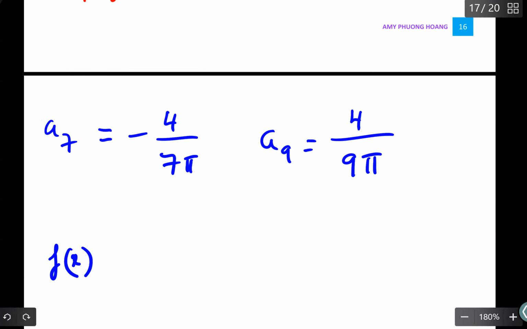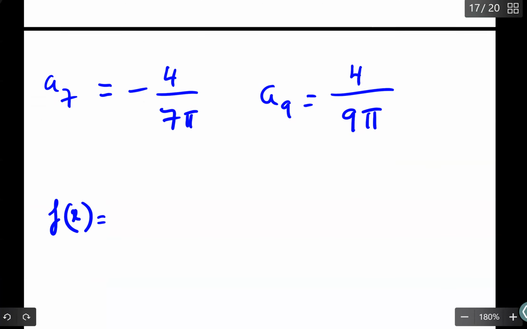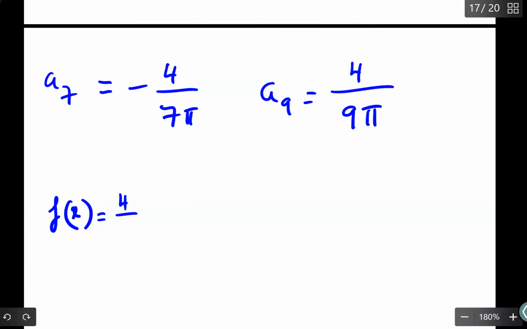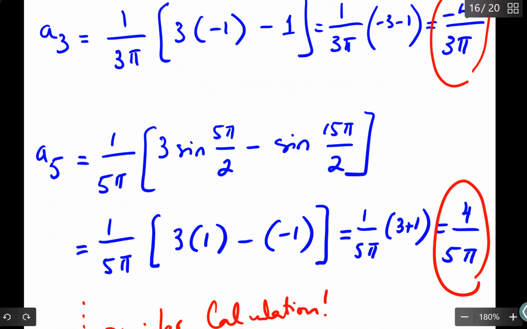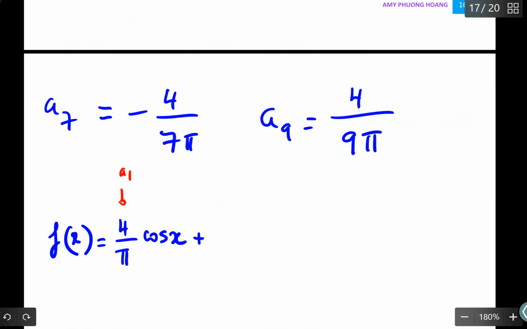So our f(x) will be equal to 4 over pi, which is my A1, times cos of x. So this is my A1. And then I add that with my A3. A3, I found to be negative 4 over 3 pi, and this I will multiply by cos of 3x.